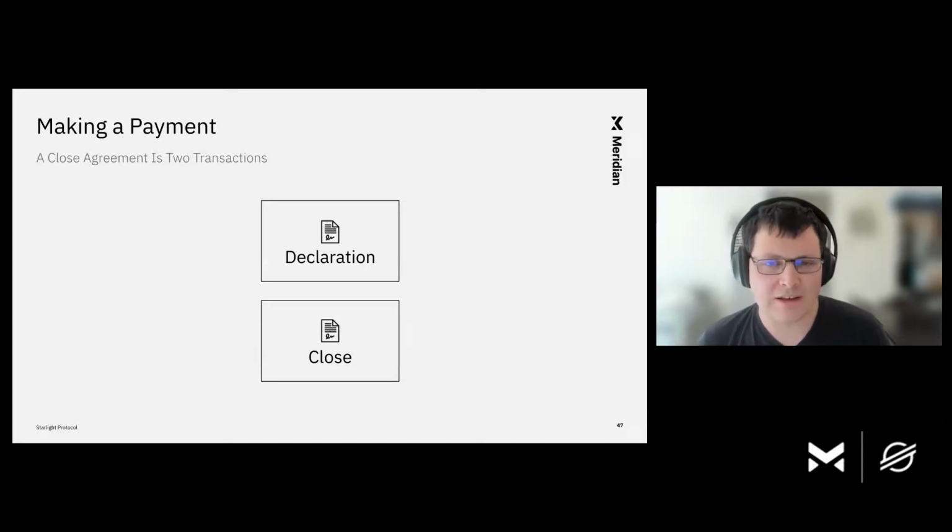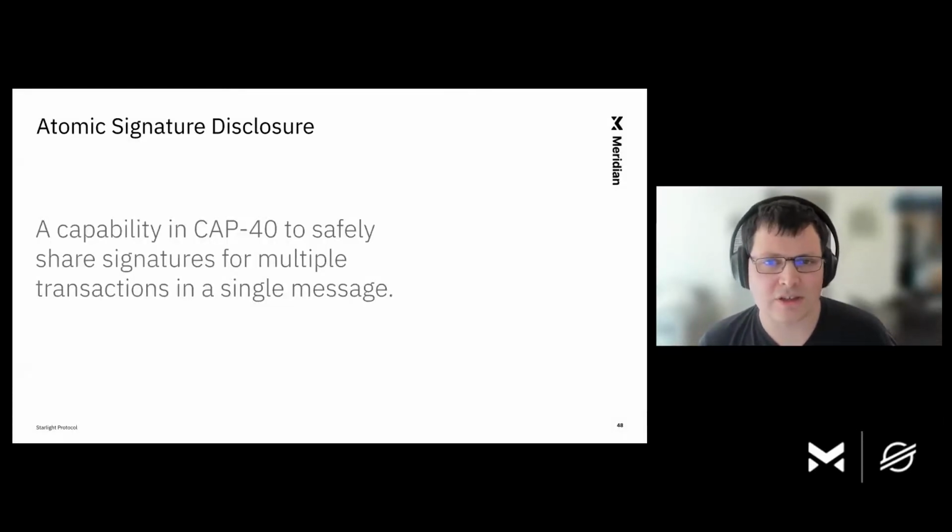By eliminating network messages, we maximize the number of transactions we can perform in a second. Solving this problem is where a new capability proposed in Cap 40 comes in. That capability is atomic signature disclosure.